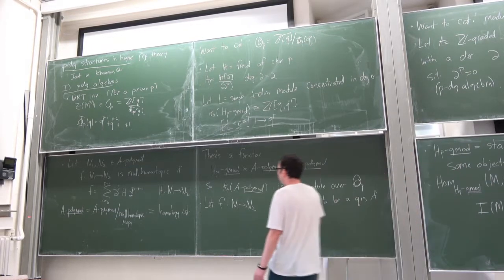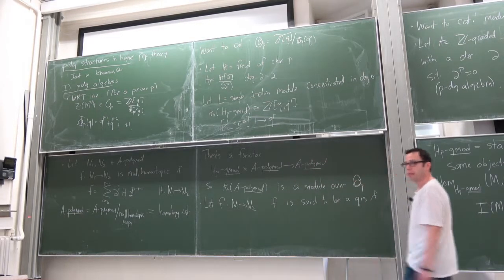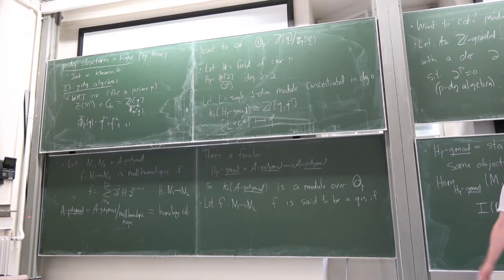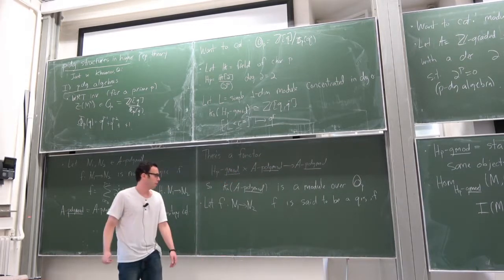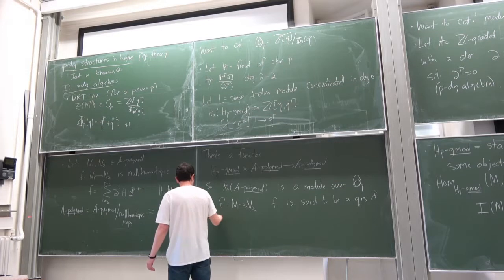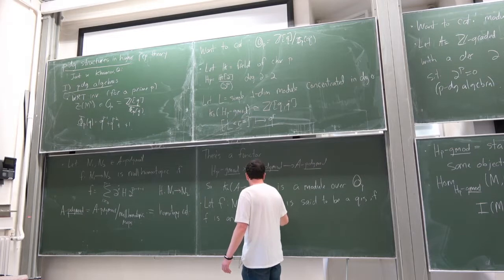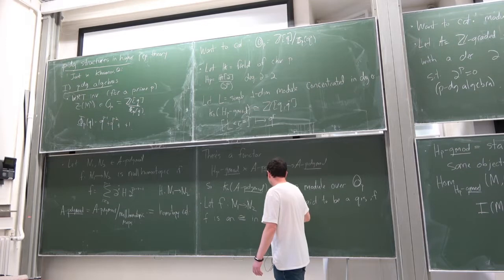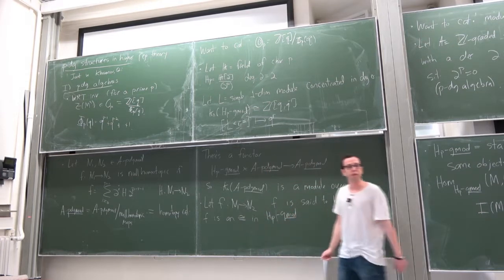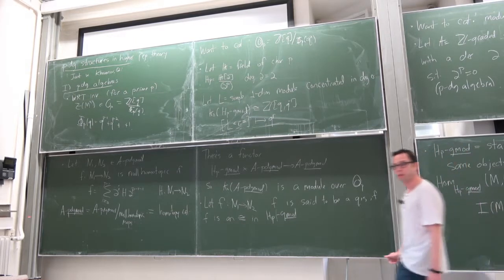And what you could do is forget about the A module structure and only think about the structure as an H_p module. Its d structure is the same thing as thinking of just its structure as an H_p module. So if you throw away some information, f is said to be a quasi-isomorphism if f is an isomorphism in this stable category. So you're losing a lot of information. You could ask, is it an isomorphism in the stable category? And if it is, you say it's a quasi-isomorphism.